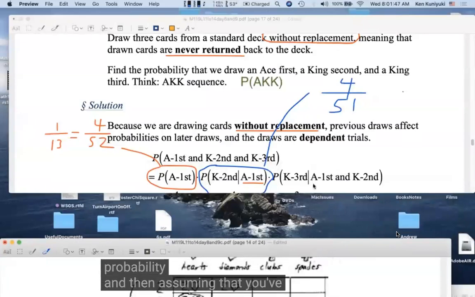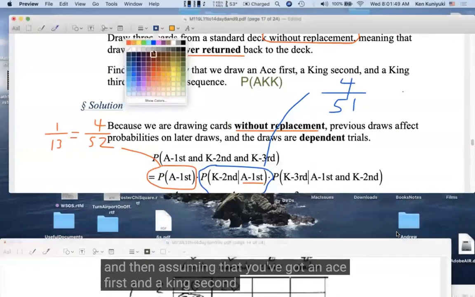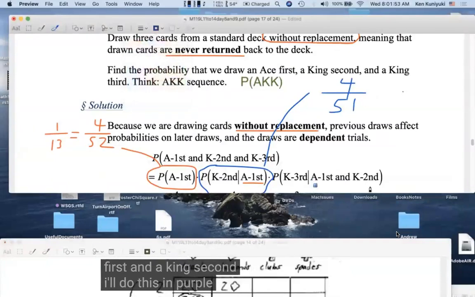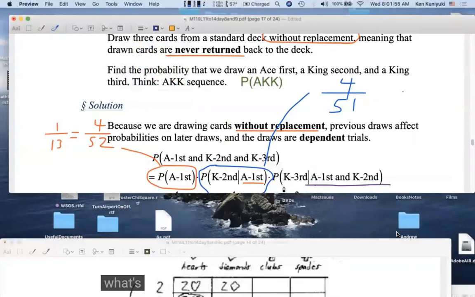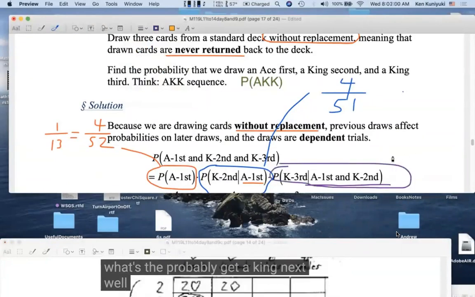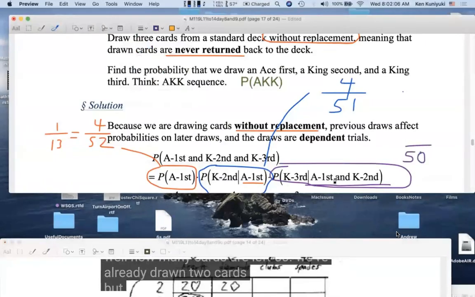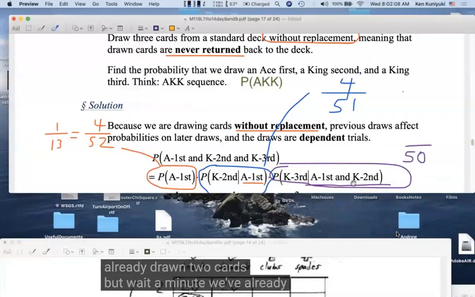And then assuming that you got an ace first and a king second, I'll do this in purple. What's the probability you get a king next? Well, how many cards are left? 50. We've already drawn 2 cards. But wait a minute. We've already drawn a king.